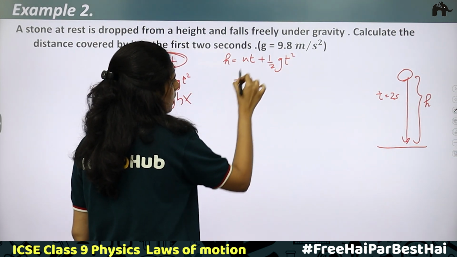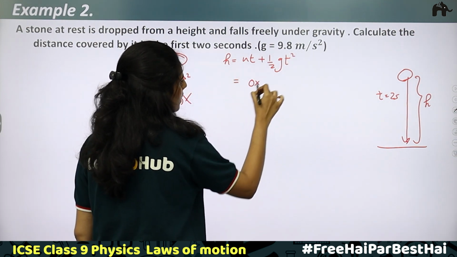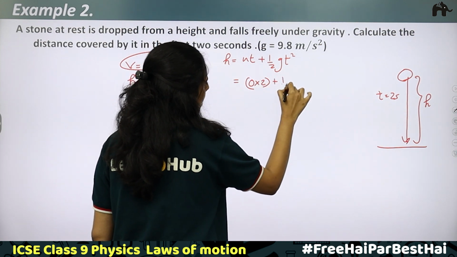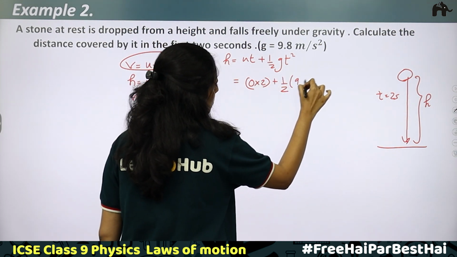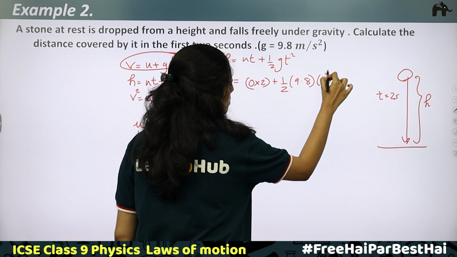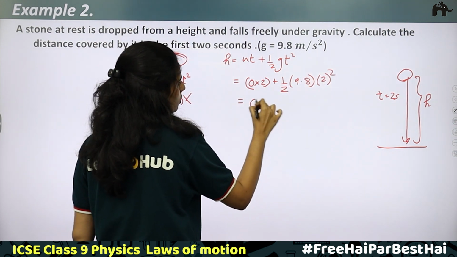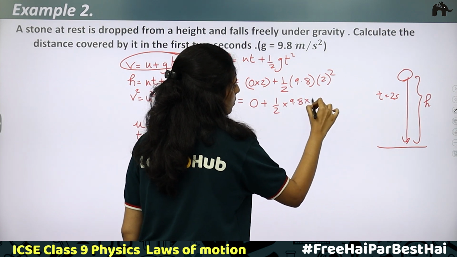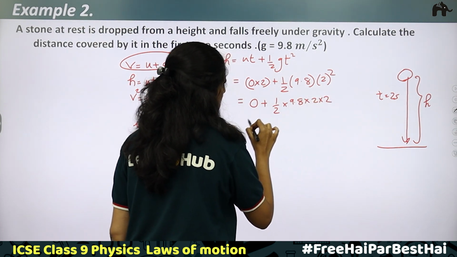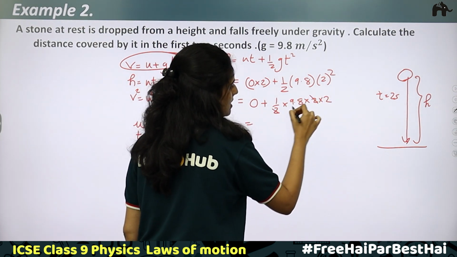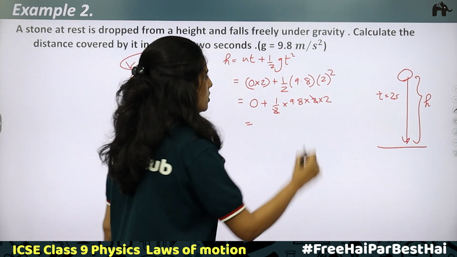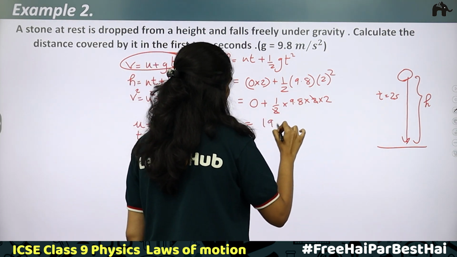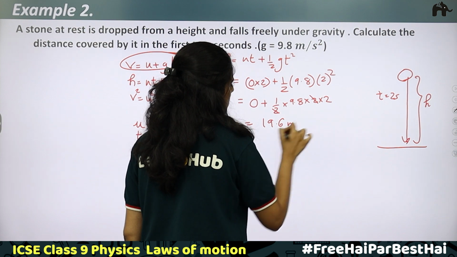Substituting the values, 0 into 2 plus half into 9.8 into 2 square. That is equal to 0 plus half into 9.8 into 2 into 2. The 2 gets cancelled. 9.8 into 2 is 19.6 meters.